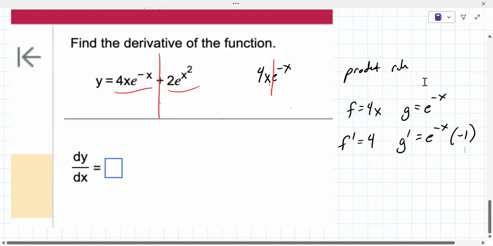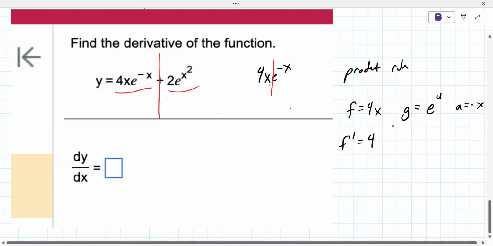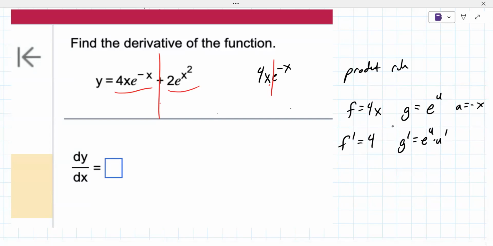So let me back up here. If that is unclear, and it usually is, what you have to do is rewrite this as g equals e to the u, and u is minus x. So g prime is e to the u times u prime.